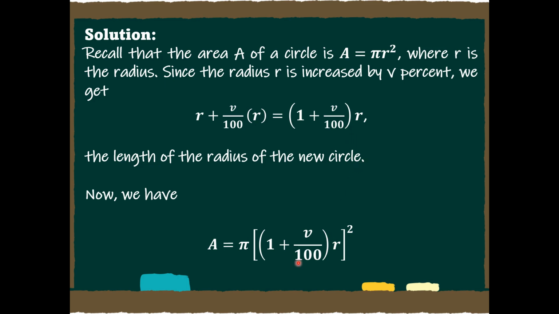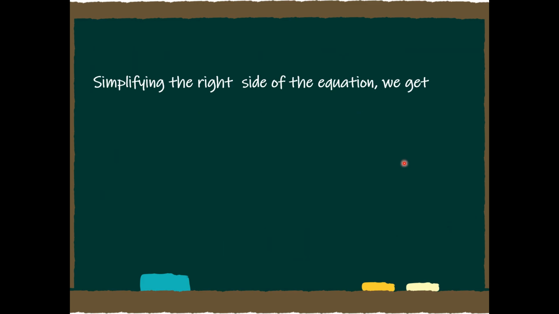So substituting it here, you have pi times 1 plus v over 100 times r, the enclosed terms here raised to the second power, because this one is the length of the radius of the new circle, the radius which is increased by v%.